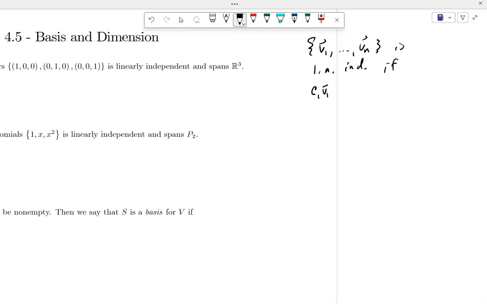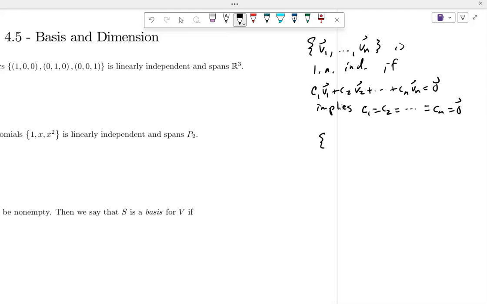So if I have a linear combination that gives us the zero vector, what has to be true about the constants? Each one of them is zero. Good. There's exactly one way to write the zero vector as a linear combination, and that is to use all zeros for our constants, right?